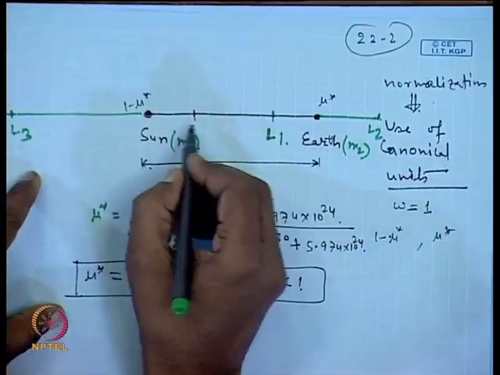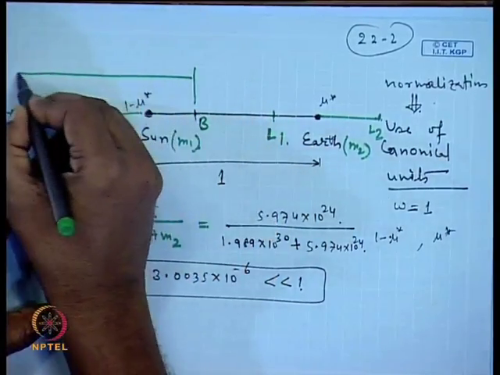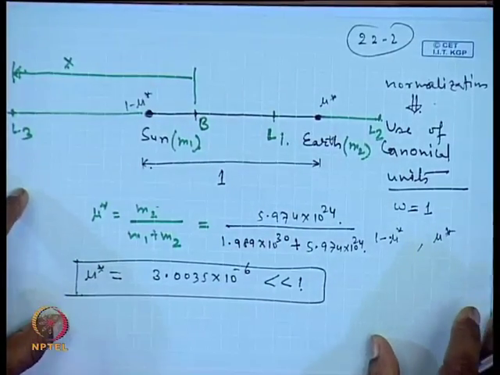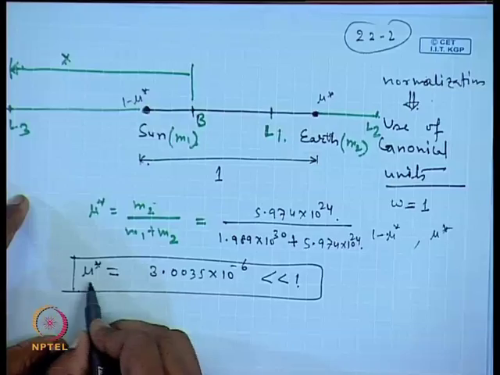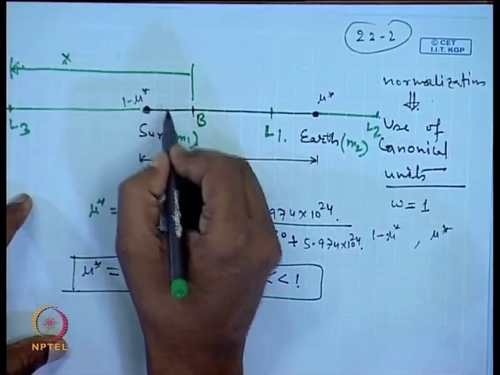Point x is the distance, suppose this is the barycenter. So, x indicates the distance of the Lagrange point from the barycenter. Now, in this case mu star is very small.